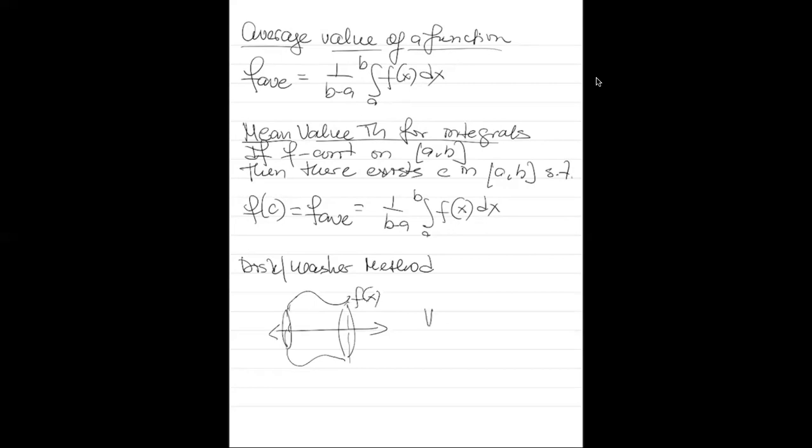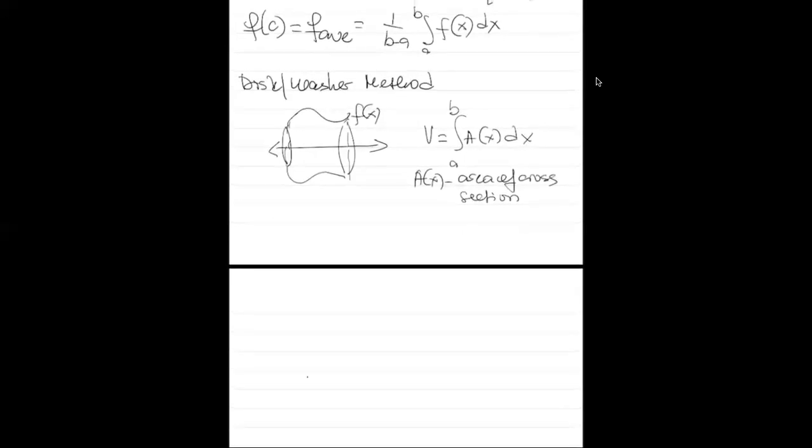In this case, our formula is the integral from a to b, A of x dx, where A of x is the area of the cross-section. I'll write this down. Whether the cross-section is a circle or a washer, a ring, it doesn't matter. Whatever it is, you calculate it. So that was the disk washer method if you rotate around a horizontal axis.